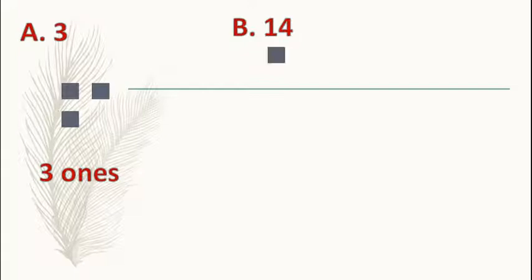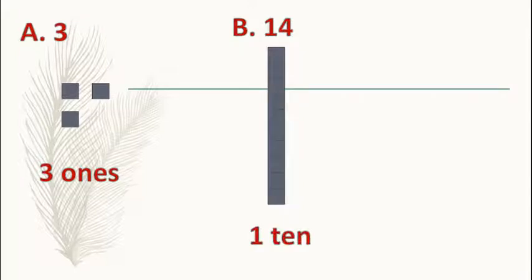Let's count 1, 2, 3, 4, 5, 6, 7, 8, 9, 10. And the 4 would be your ones: 1, 2, 3, 4. So in letter B we have 1 ten and 4 ones.